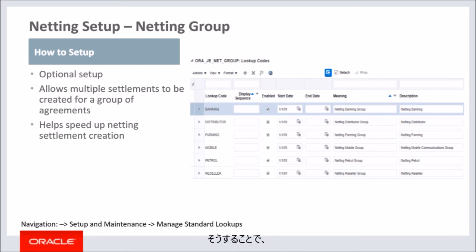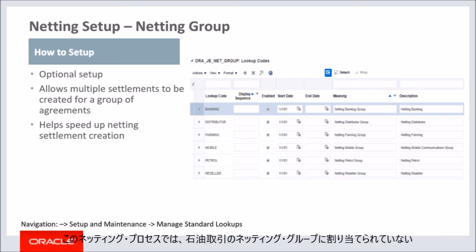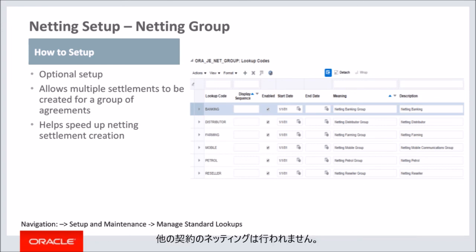This means that if you want to net for only the agreements that are for the petroleum trading partner group, you can signify this when creating a settlement. The netting process will ignore netting for the other agreements that aren't assigned to the petroleum netting group.